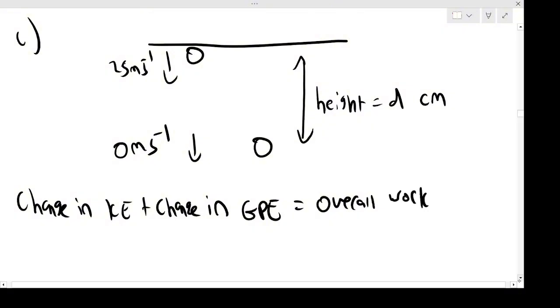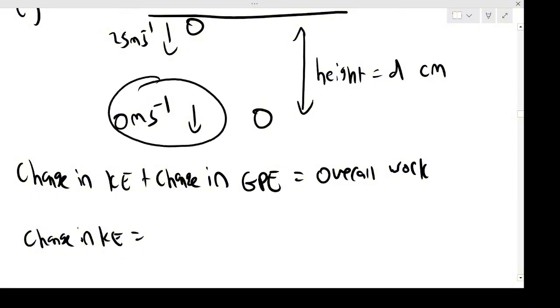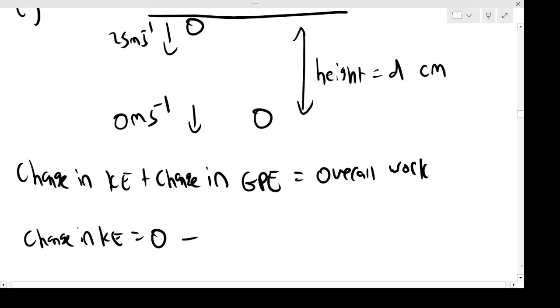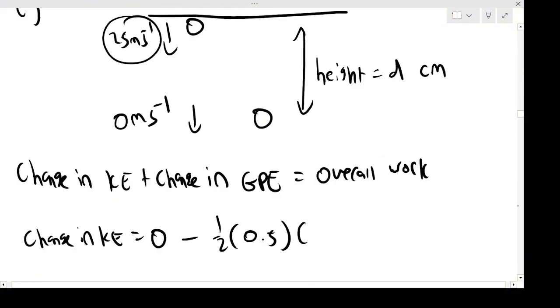Now, let's work out the changes in these two energies. So firstly, the change in kinetic energy. Well, we know at the end the speed is zero, so it's going to be zero take away half mv squared. Speed at the start is 25, so half times the mass of 0.5, I believe, times 25 squared.